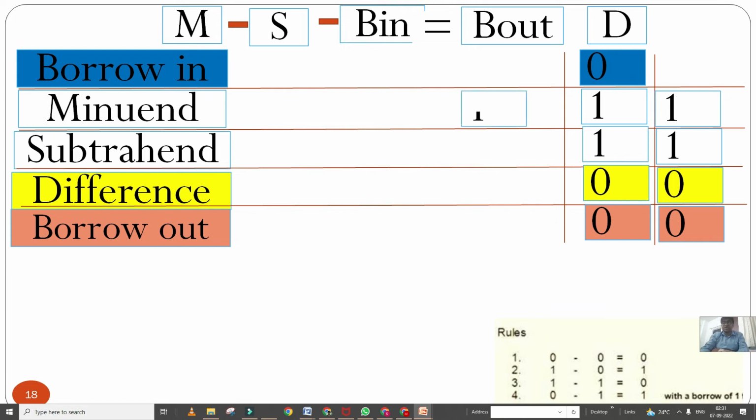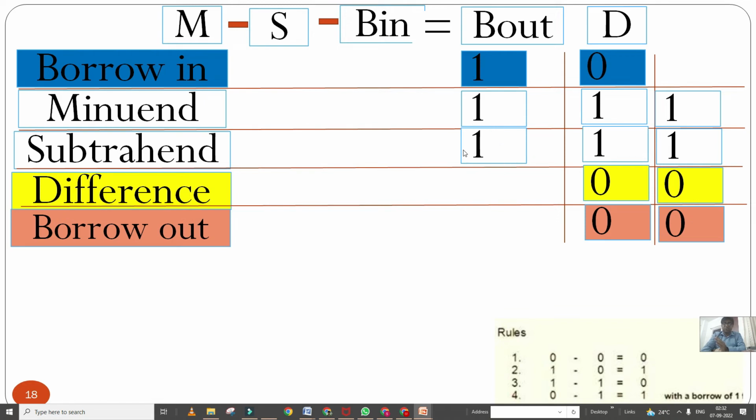Now for the next case, 1 1. Now for the next case, both are 1, meaning the subtrahend is 1, and the borrow is also 1. So 1 minus 1 is 0.